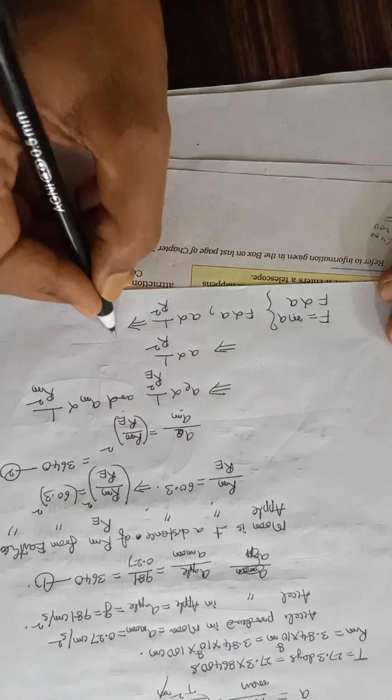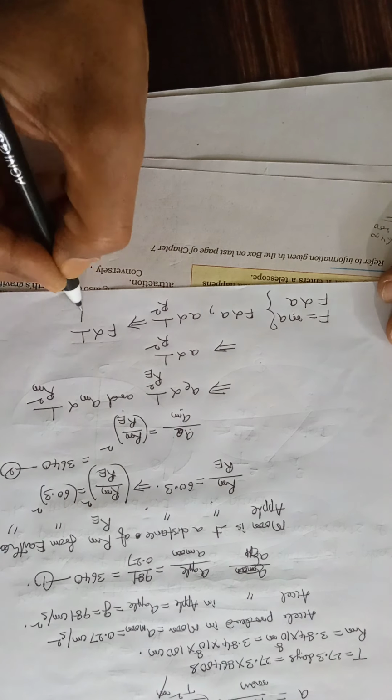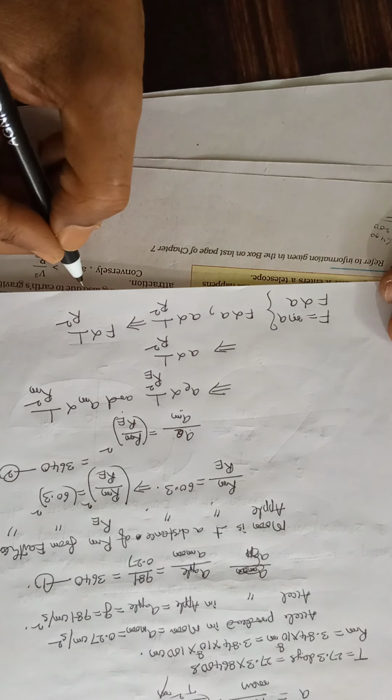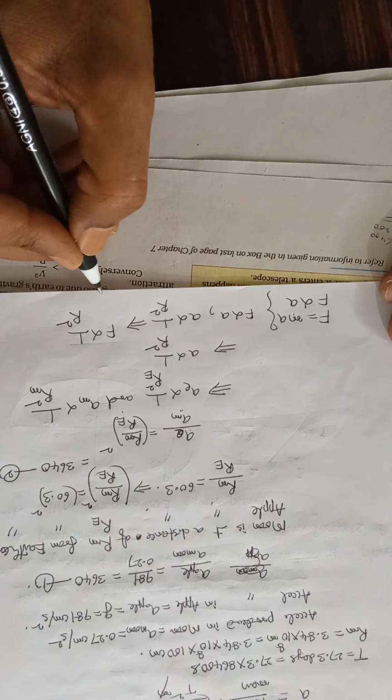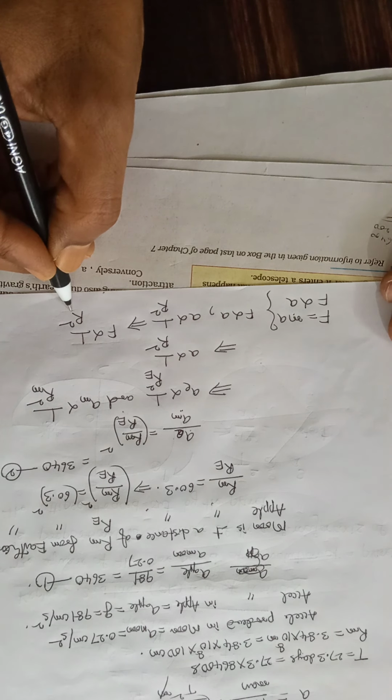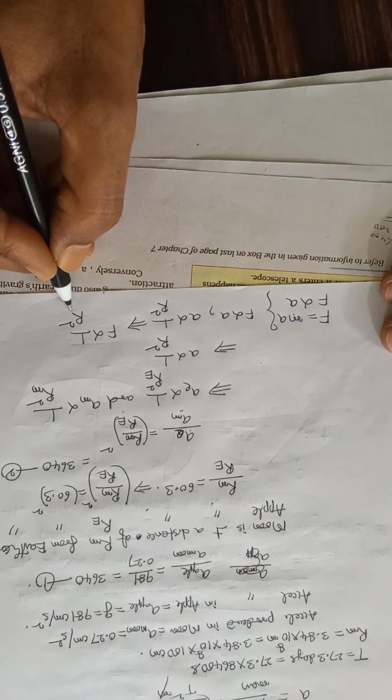This tells you that F is directly proportional to 1 by R square, meaning the Earth's gravitational pull is inversely proportional to the square of the distance.